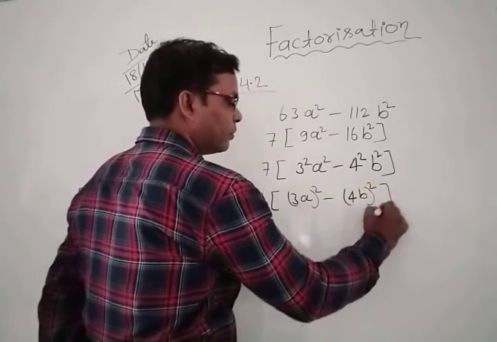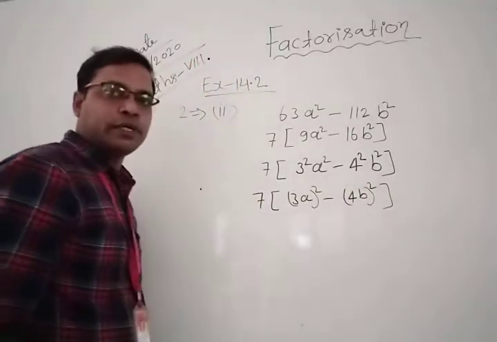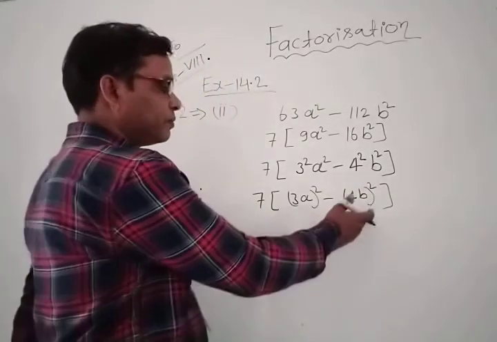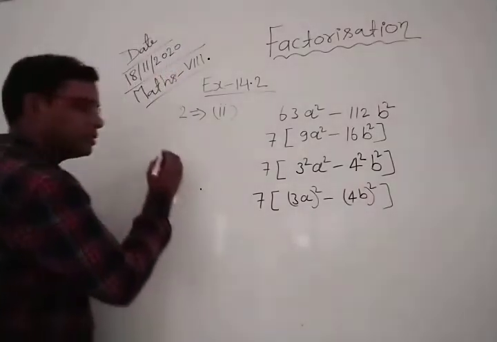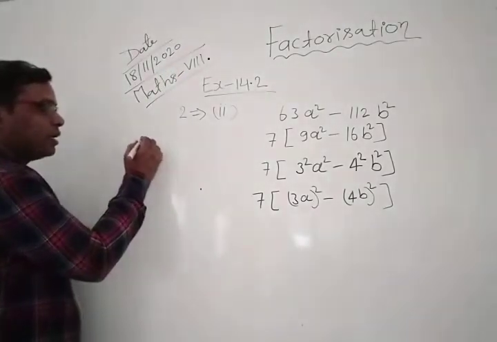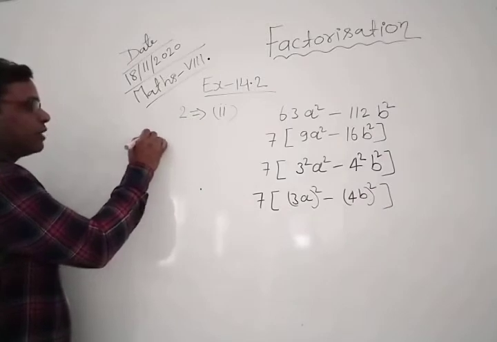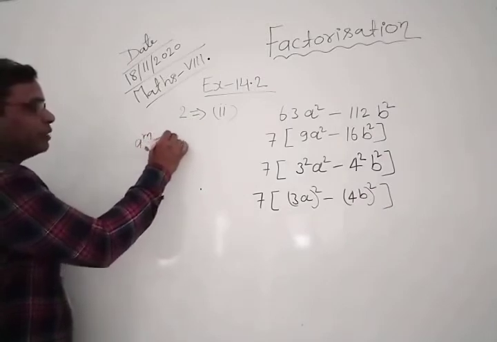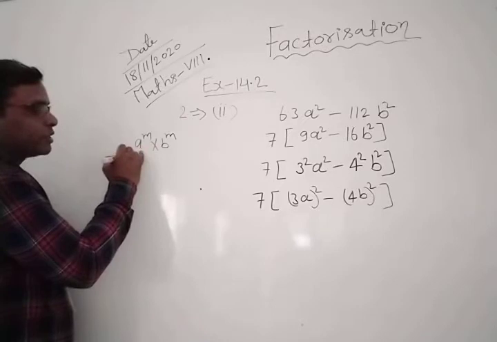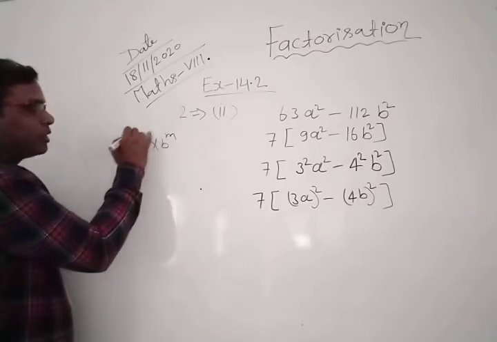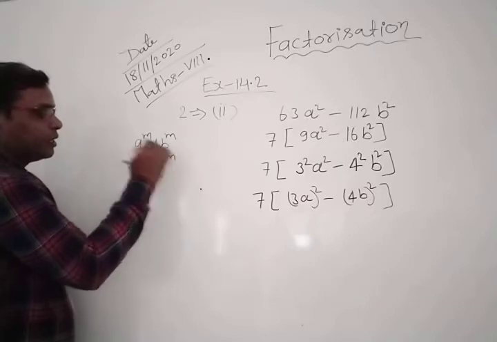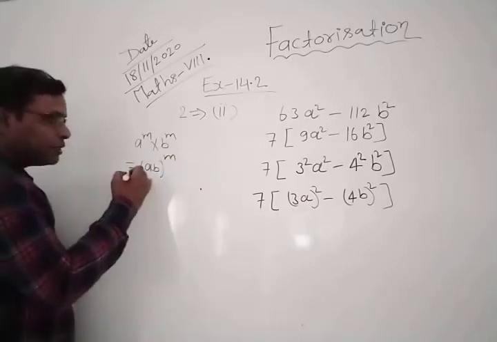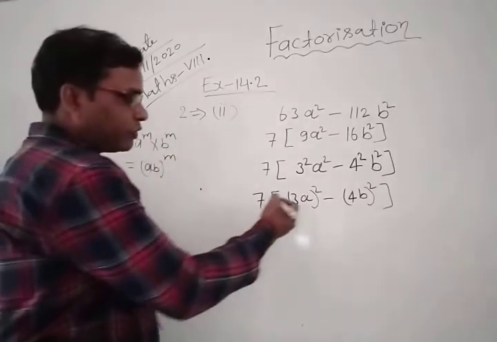You know this law of exponents: if a to the power m into b to the power m, here the bases are different but the powers are the same, then you can write it as ab to the power m. Clear? ab means a into b. So here you can also write it.